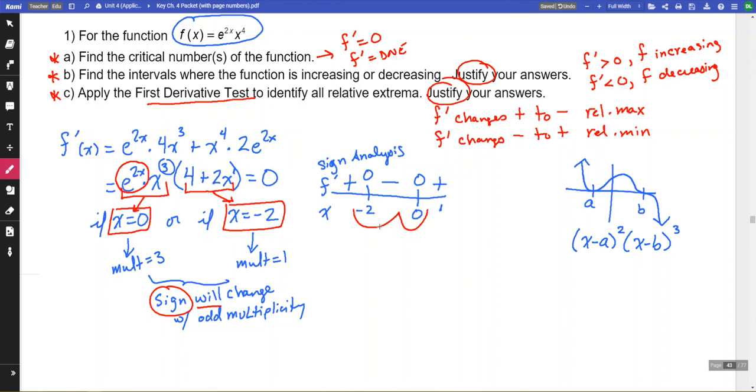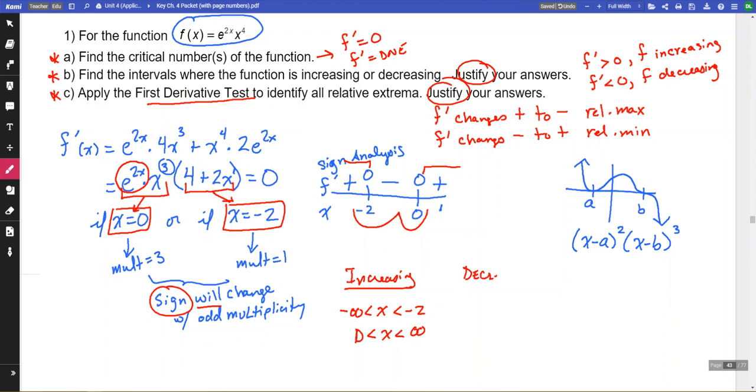Okay, so what does that tell us? That now tells us where we are increasing and where we are decreasing. So we are increasing if f prime is positive. So for this particular function, we are increasing for x values between negative infinity and negative 2, as well as x values going from 0 to infinity, because here the derivative is positive and there the derivative is positive.